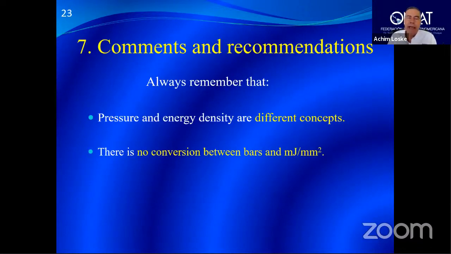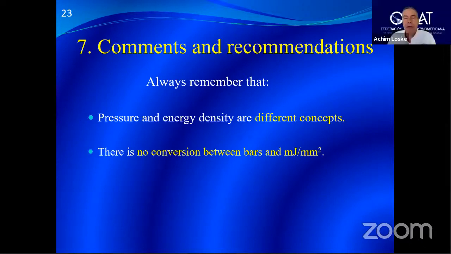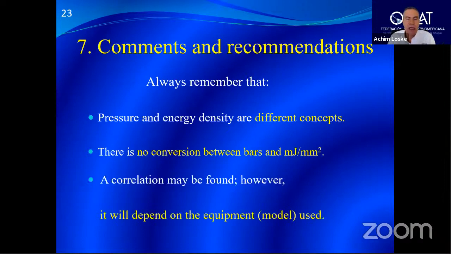Always remember that the pressure and the energy density are different concepts. There is no conversion between bars and millijoules per square millimeter. This is sometimes a confusion. A correlation may be found between these two values, but it will depend on the equipment you are using.